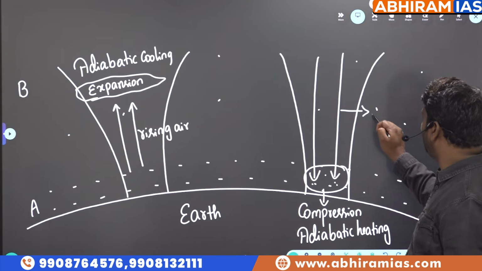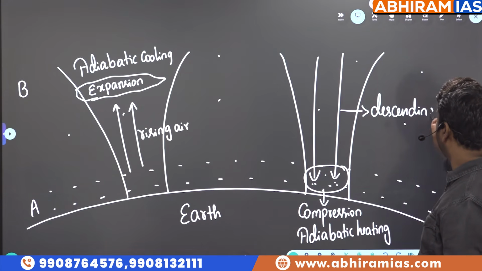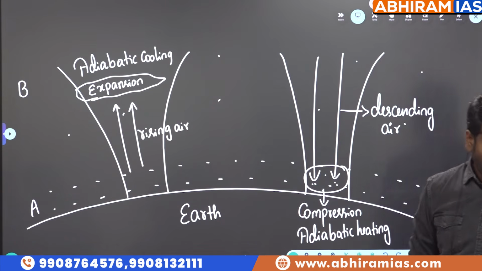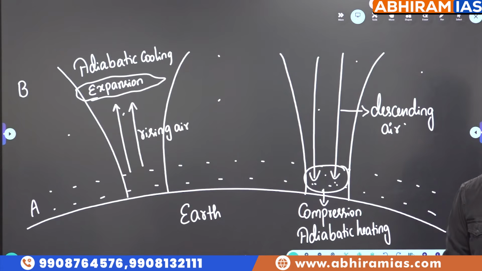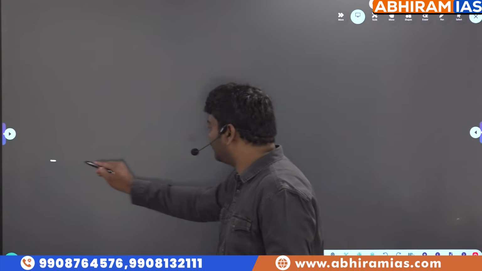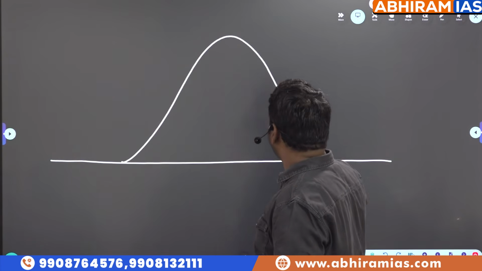What is happening to the air here? Fundamental concept of geography: whenever air rises, there will be adiabatic cooling. Whenever air descends, there will be adiabatic heating. Okay, I hope you might have seen the application part of this. I'll show that.